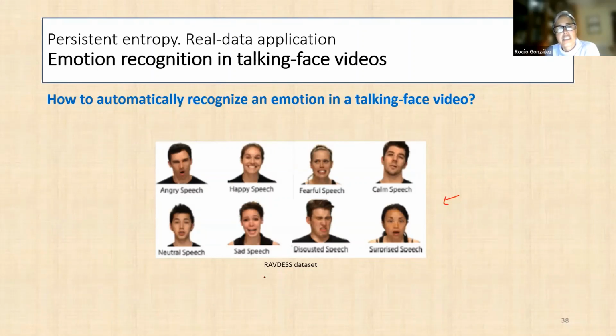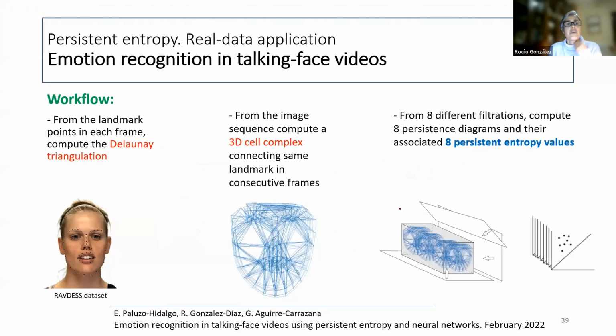The database is a very well-known database of emotion recognition, in which actors simulate emotions, concretely 8 different emotions. And what we want is a procedure to automatically recognize the emotion. One very important feature of this database is that the landmarks of the faces are pre-computed, so we don't have to compute them.